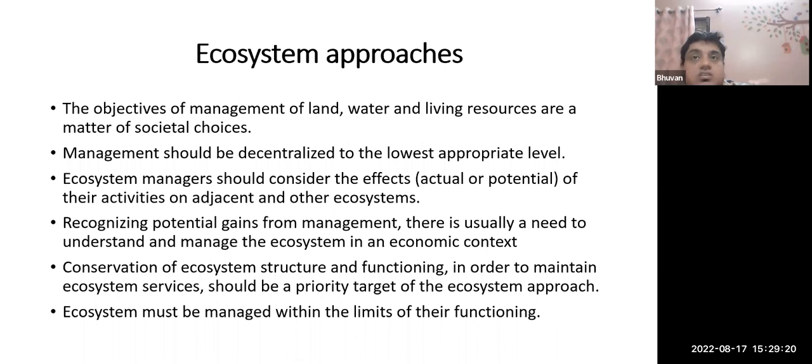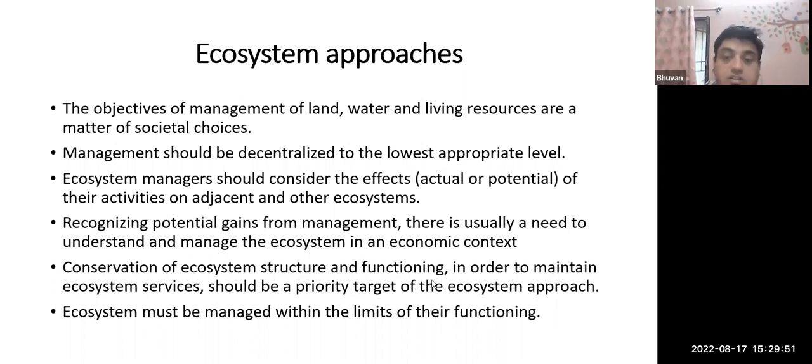We do not just go on conserving, we also have to look at the economic side of that approach, that it should be economically viable, and it also has some potential gains. We have to also look towards that aspect. Then we have the conservation of the ecosystem structure and function. As I told you, the ecosystem structure and functions must be conserved in the ecosystem approach based conservation tactics.